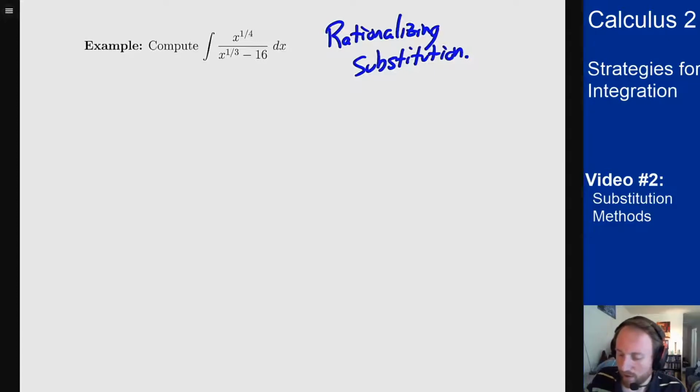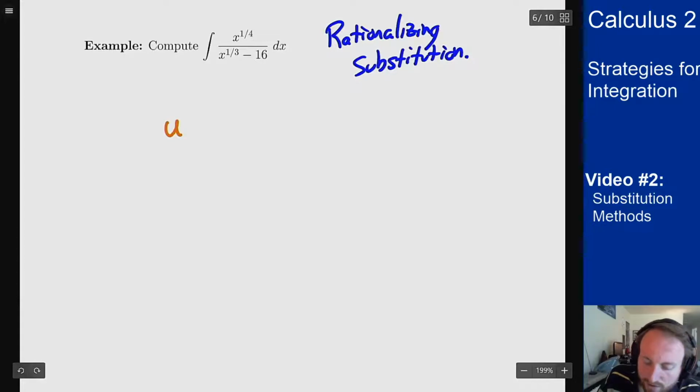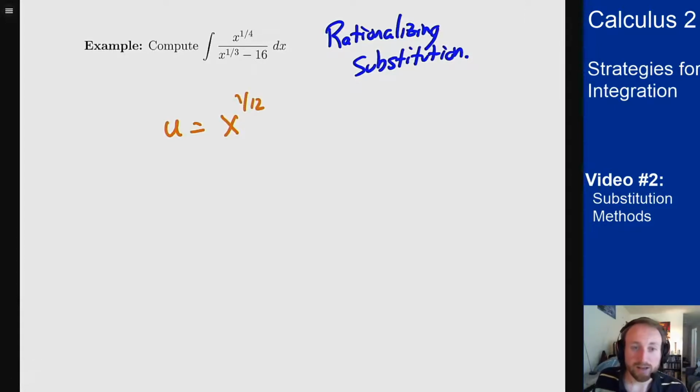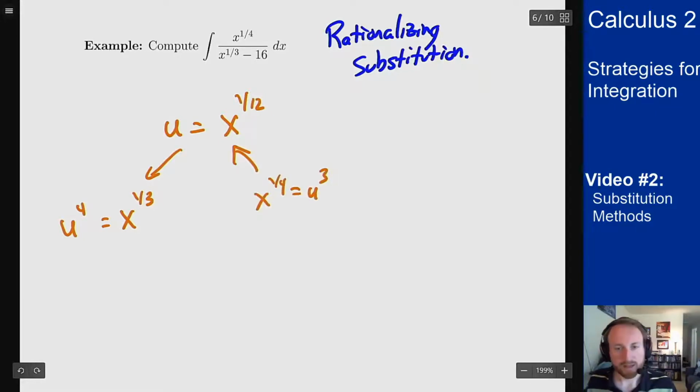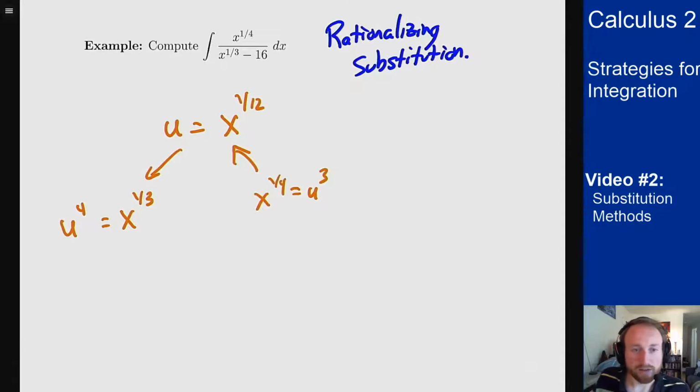And the way that's going to work is I am going to set u to be x to the 1/12. Why do I do that? I do that because x to the 1/3 is then u to the 4th, and x to the 1/4 is u cubed. That gives me a good shot at trying to figure out how to solve this problem if I make that substitution.